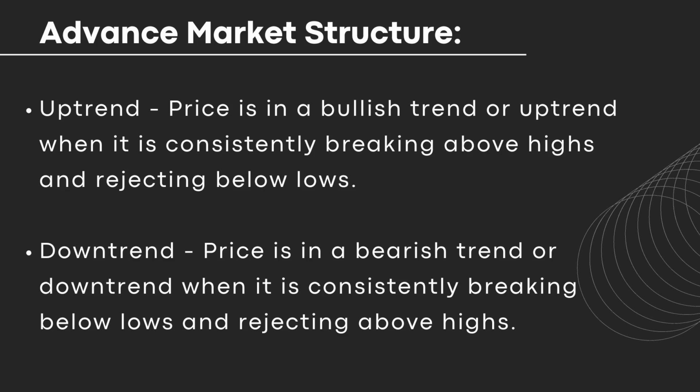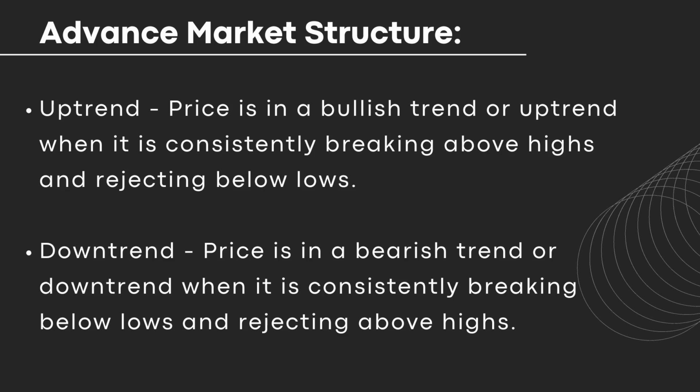Rejection could also come in the form of price closing below too, but then price immediately goes above without staying there for a large amount of time. That's what we call rejecting below lows or rejection of lows, right?